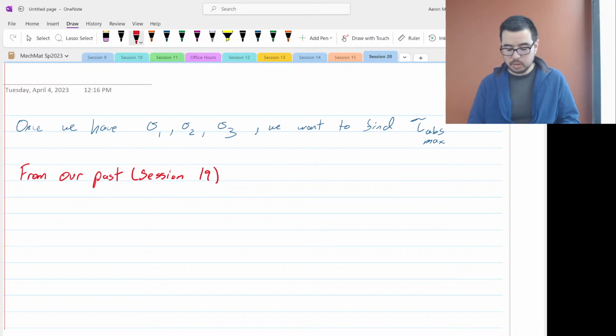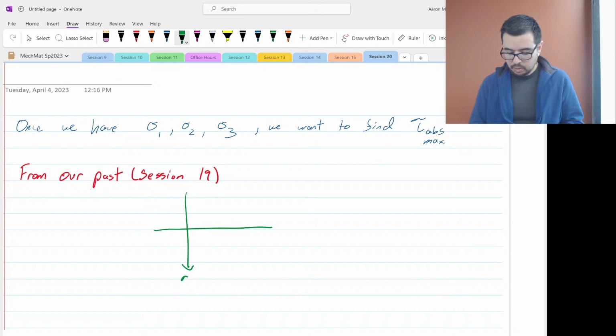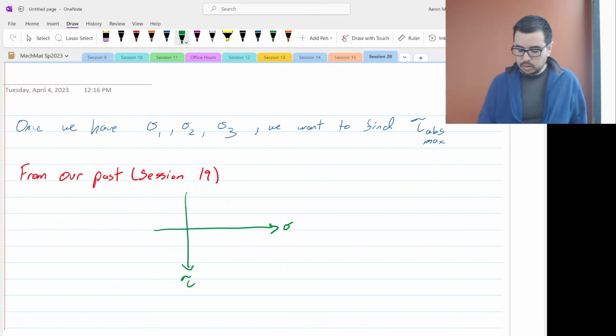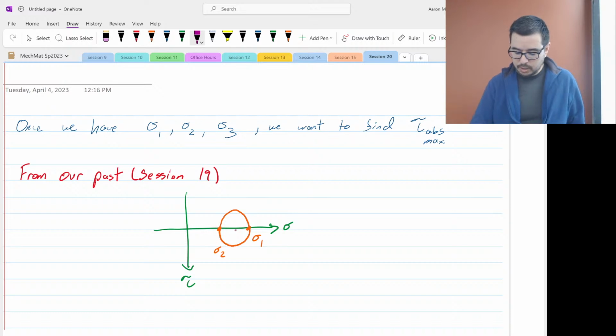We've done problems where we say, okay, there is a nice tau-sigma plot, and we are going to call them sigma 1 and sigma 2, and we draw a circle, and then we can put a radius in there. And this point down here corresponds to the tau max in plane.